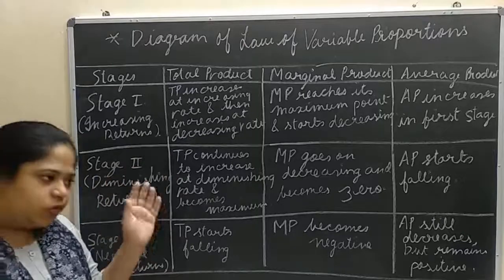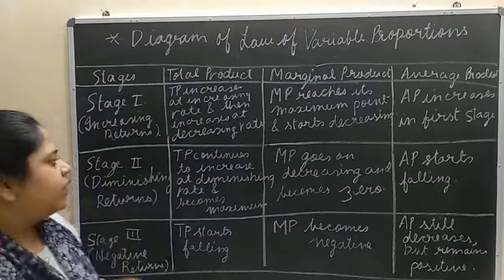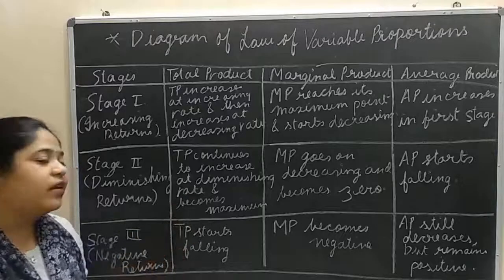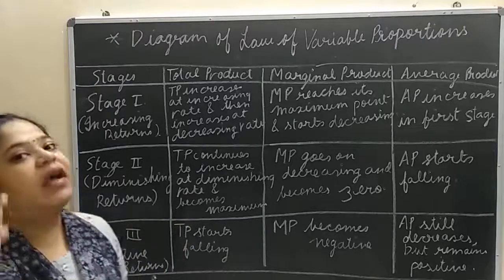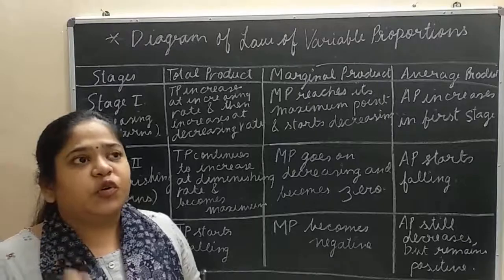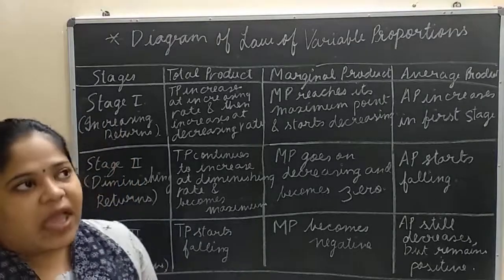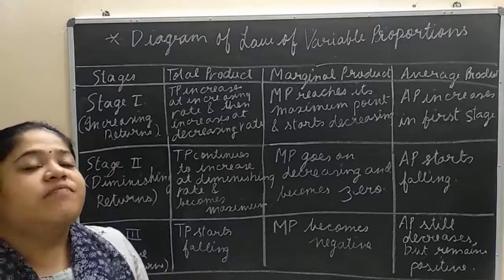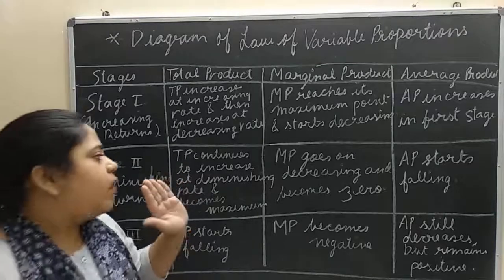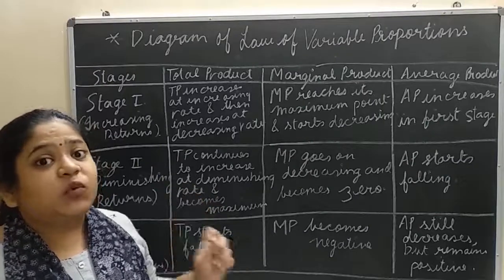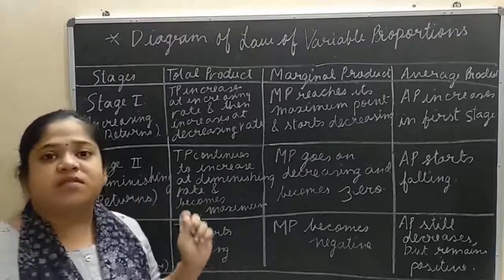Coming to stage 2, again go and check the diagram. TP will continue to increase at a diminishing rate and TP will become maximum. The stage 2 ends where TP is maximum.